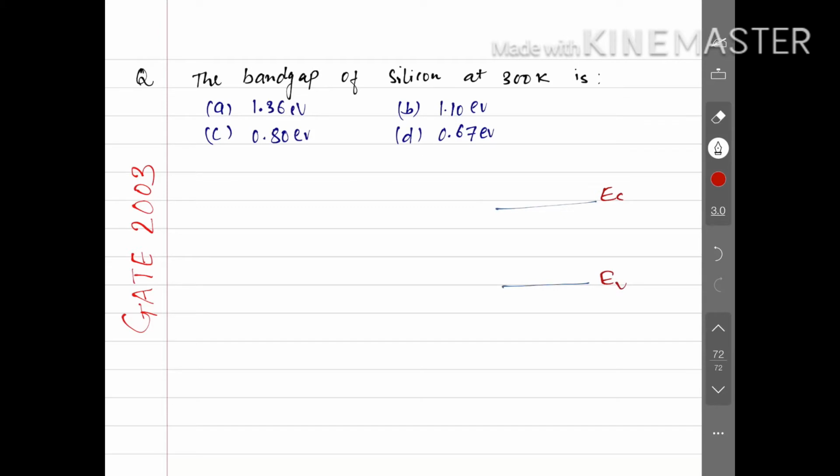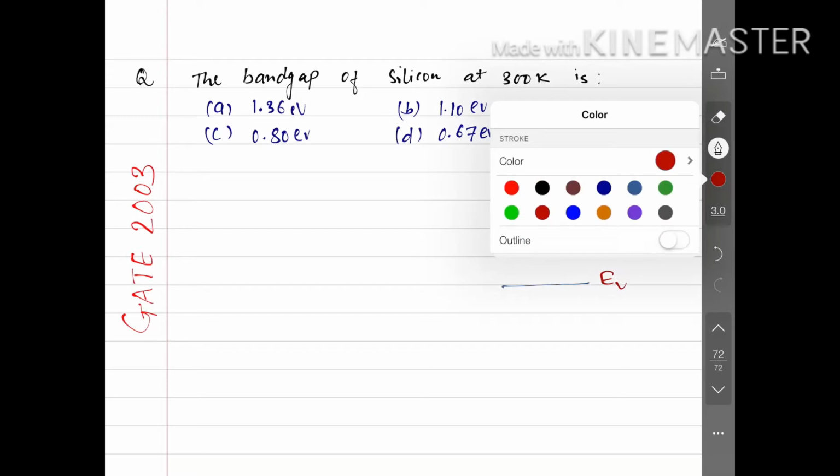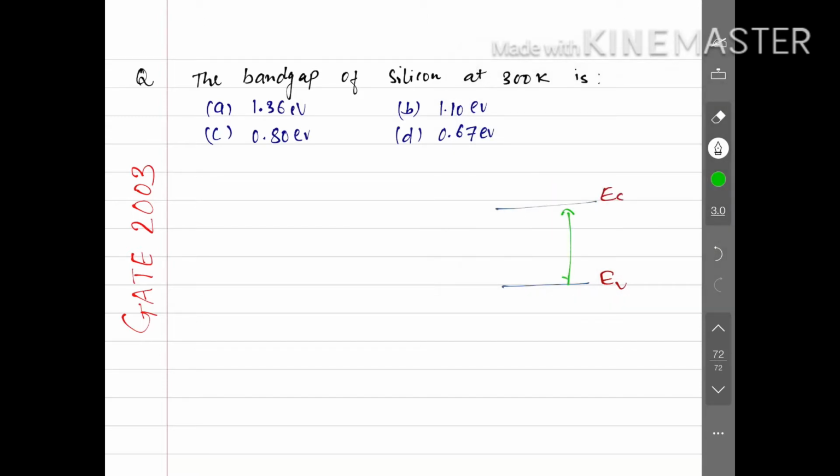The difference, or the gap, between the conduction band and valence band is your band gap. So band gap Eg is nothing but Ec minus Ev.